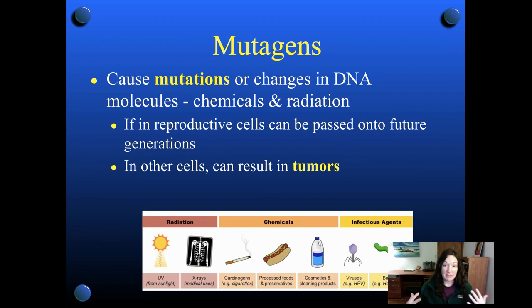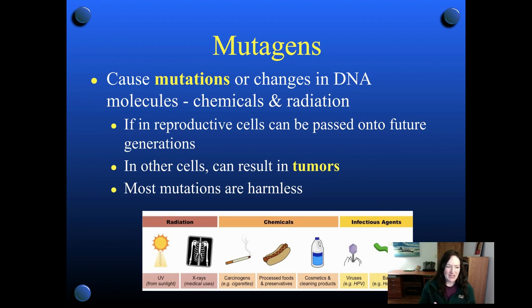In body cells, it results in tumors, which could then be cancerous. It just depends on which part of the DNA sequence the mutagen is affecting. In most of these cases, a mutation is harmless. Our DNA has about 95% of the code that is completely nonsense. It doesn't code for any genes.